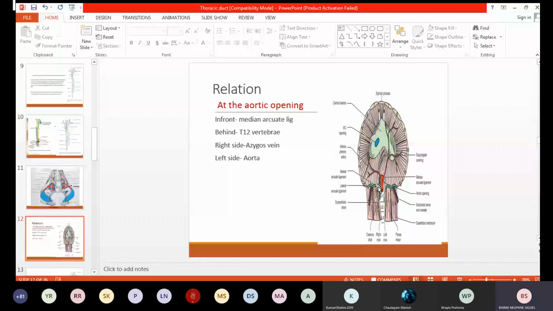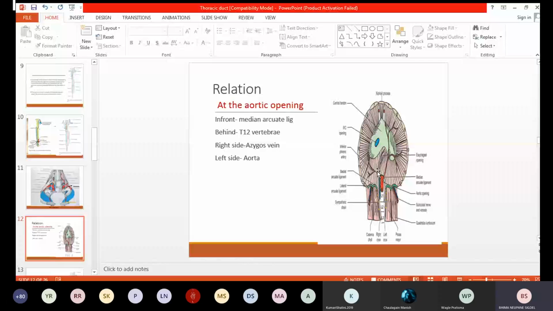These two crura are joining to form the arc-like structure known as the median arcuate ligament, which is formed by fibrous connective tissue only. Okay, that is the median, in the midline. So the median arcuate ligament is related anteriorly to the thoracic duct, whereas posterior to the thoracic duct is the body of the 12th thoracic vertebra.